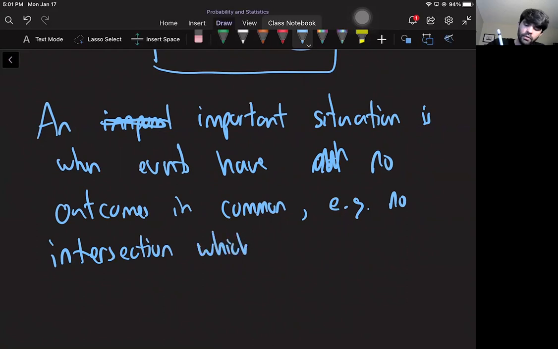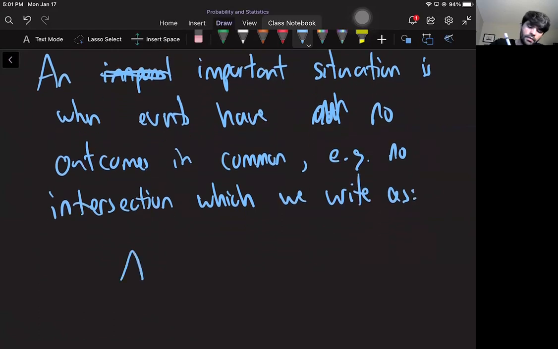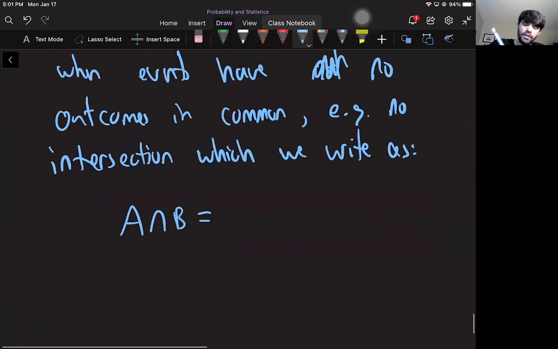Well, how can we denote this? Well, mathematicians have a very special symbol that they use for this situation. So if they want to say that there's nothing there, what they do is they write this symbol, and this is called the empty set.